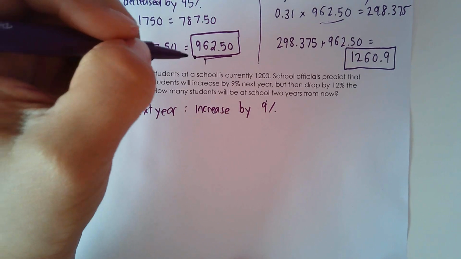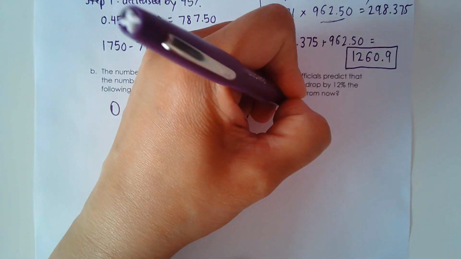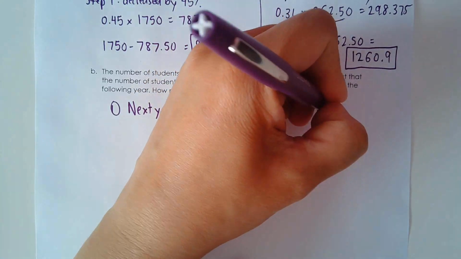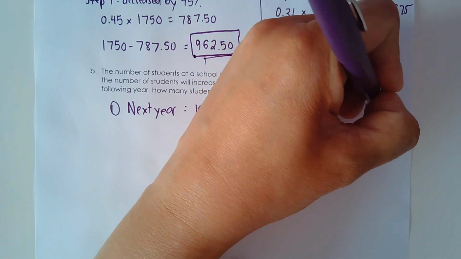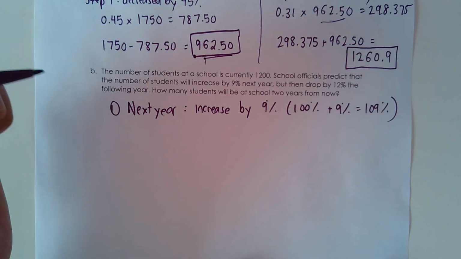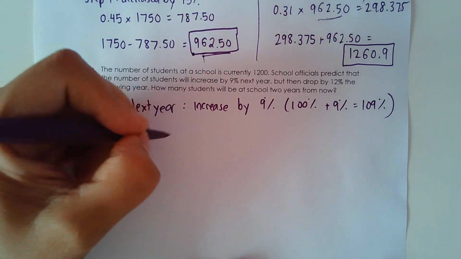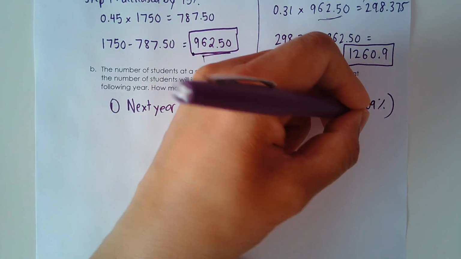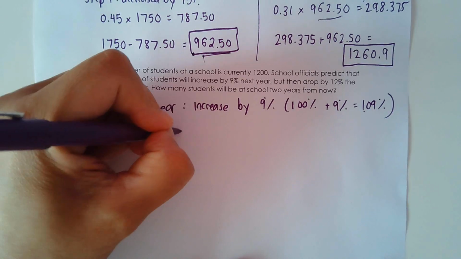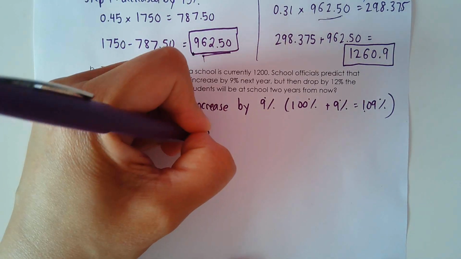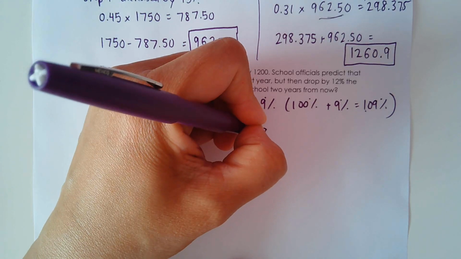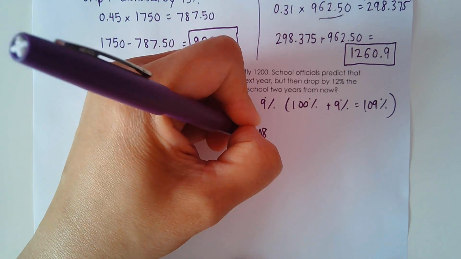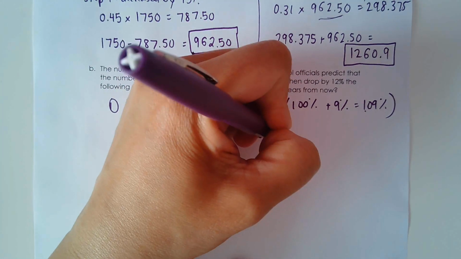You know what, I'm going to use method 2 here. So 100% plus 9% is 109%. Method 2 is quicker. So turn that into a decimal, 1.09 times 1,200, and we get 1,308 students.